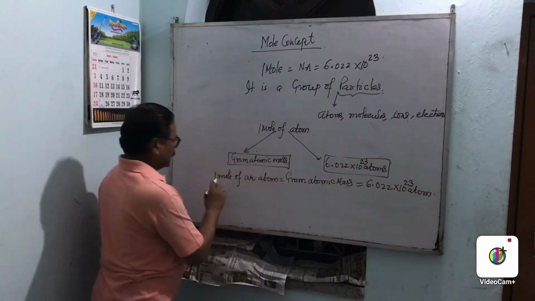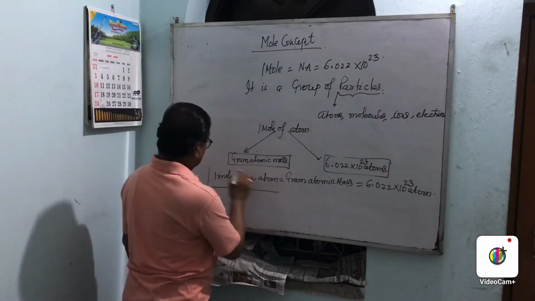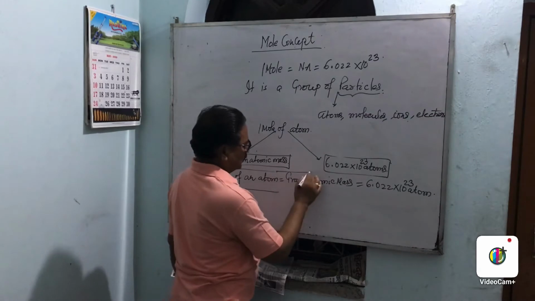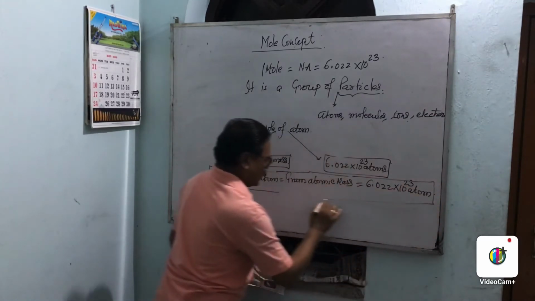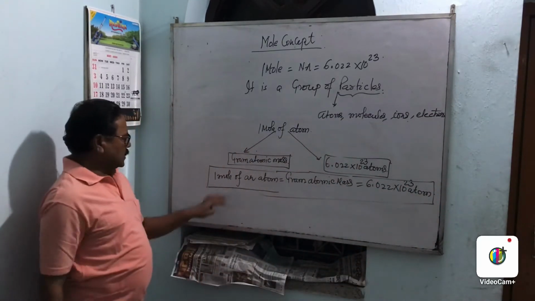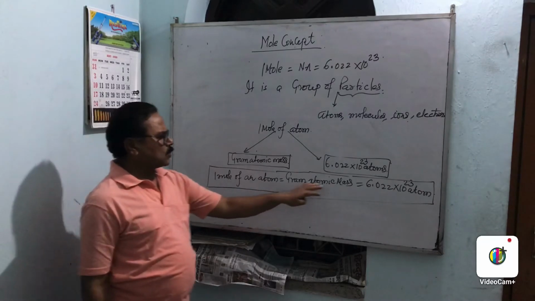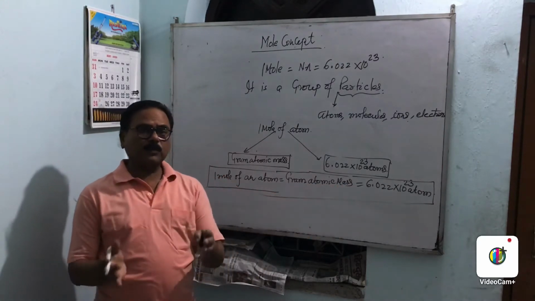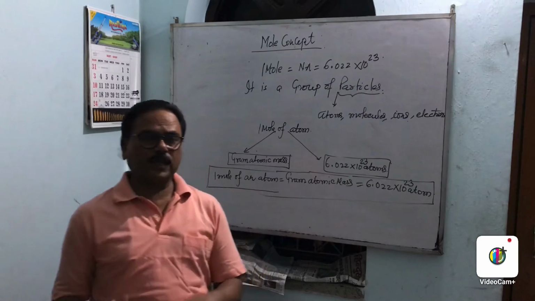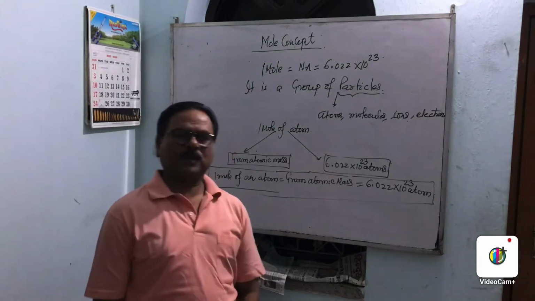This is the simple way that we can correlate this. Gram atomic mass is the atomic mass expressed in gram, and then it is called the gram atomic mass.